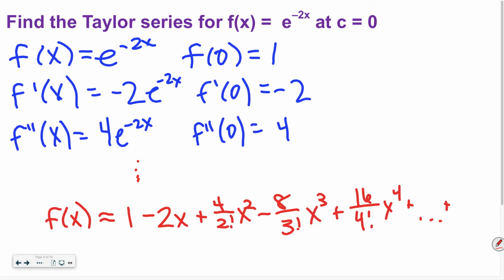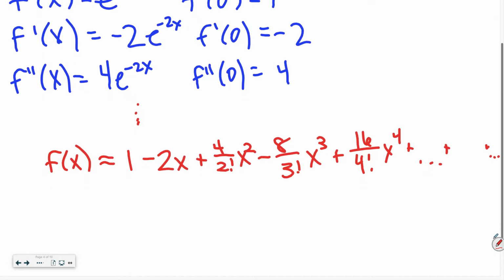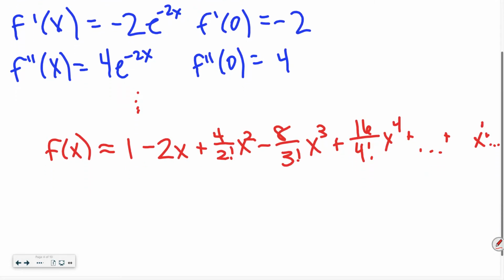Okay. Let's generalize this. Well, we have x to the n, and we're always dividing by n factorial.